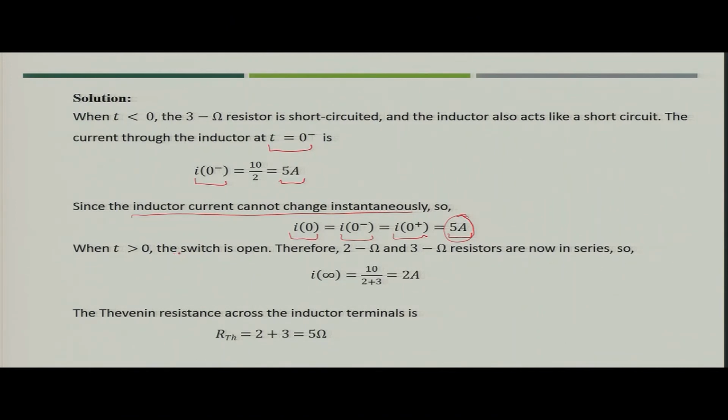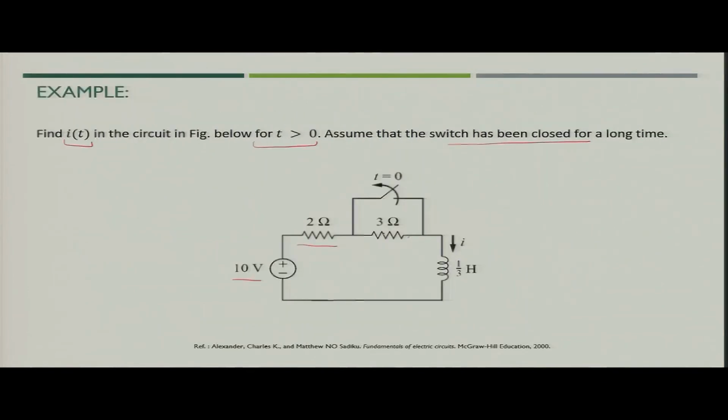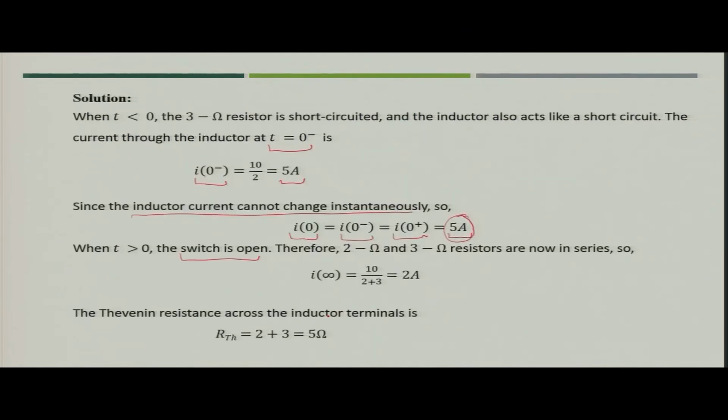Now, when the switch is off, meaning it is opened, the 2 ohm and 3 ohm resistances would be in series. So, what will happen in that case? At time t tends to infinity, what would be the current I infinity?